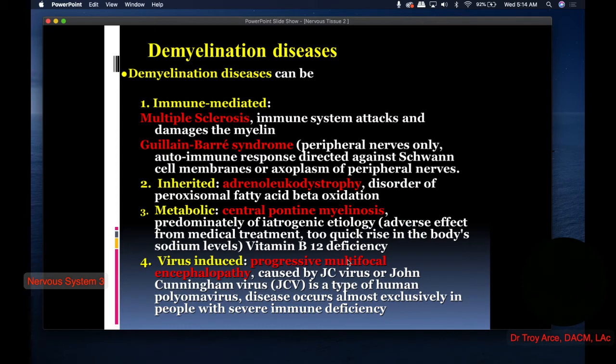The virus-induced is progressive multifocal leukoencephalopathy caused by JC virus or John Cunningham virus. It's a type of human polyomavirus. A disease occurs almost exclusively in people with severe immune deficiency. The important ones that you need to remember are the top two, the multiple sclerosis and the Guillain-Barré syndrome.